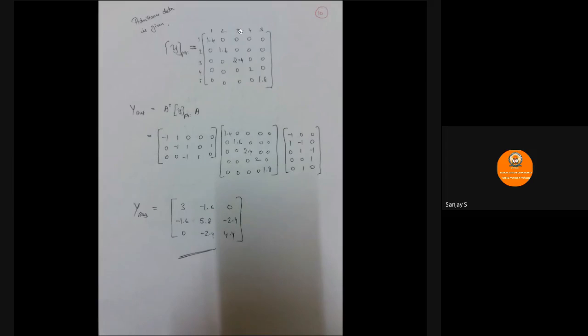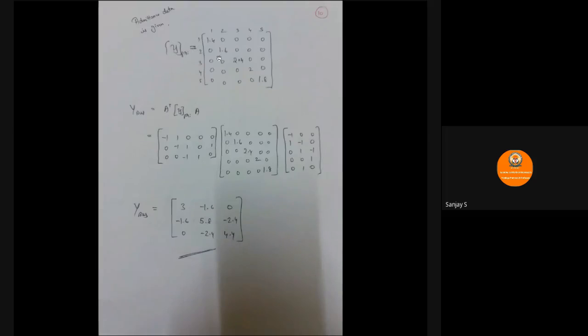So diagonally, just mention them: for element 1, 1.4; element 2, 1.6; element 3, 2.4; element 4, 2; and element number 5, 1.8. That will be Y11, Y22, Y33, Y44, Y55. No mutual coupling elements are present, so all other matrix elements will be zeros. So this is how we get the Y primitive matrix.